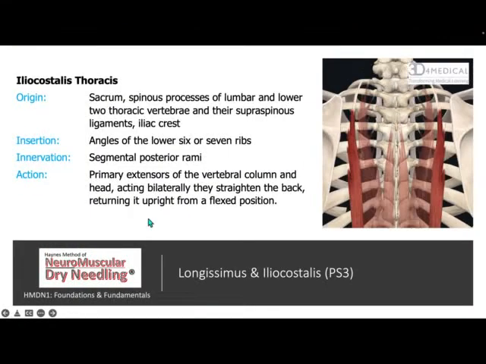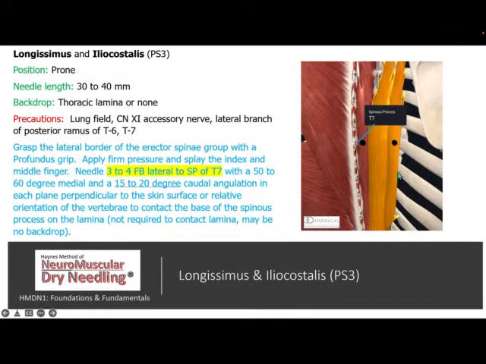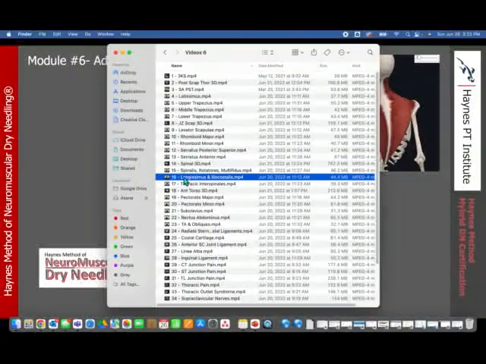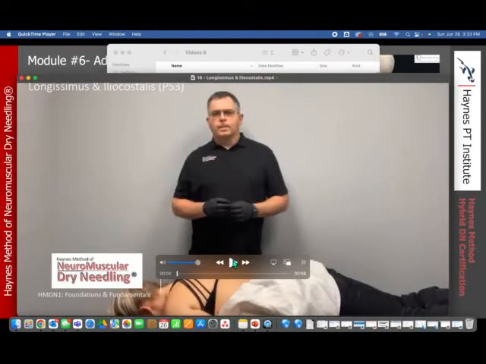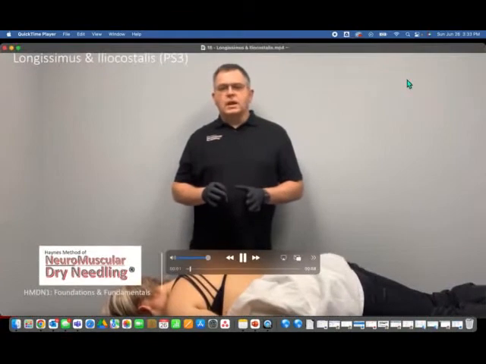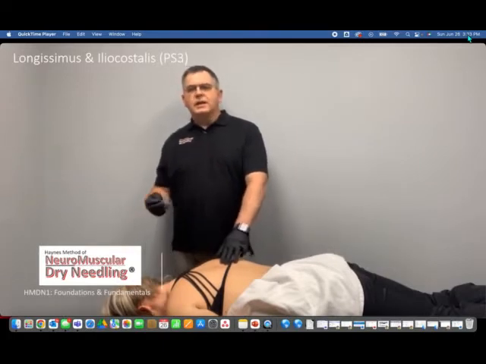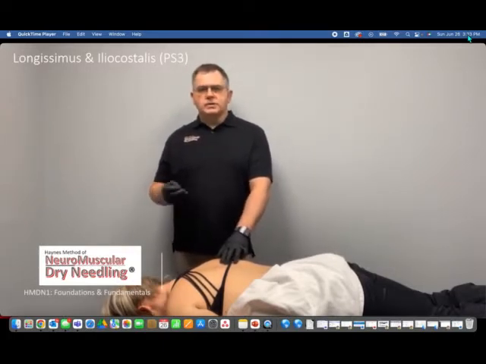Okay, longissimus and iliocostalis. Again, because they're now so much closer, we're going to look at those together. For the thoracic longissimus and iliocostalis, again, patient's going to be in the prone position. Needle length will be about 30 millimeters. There is no backdrop.